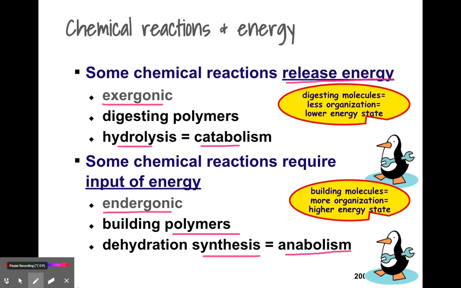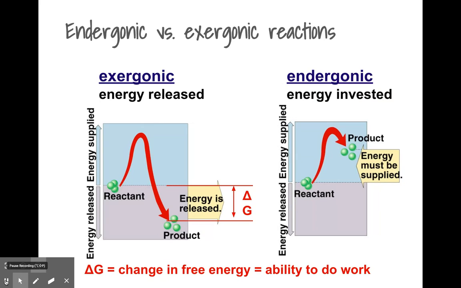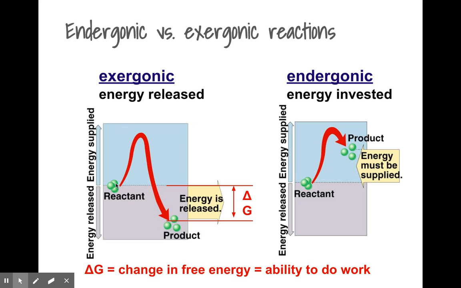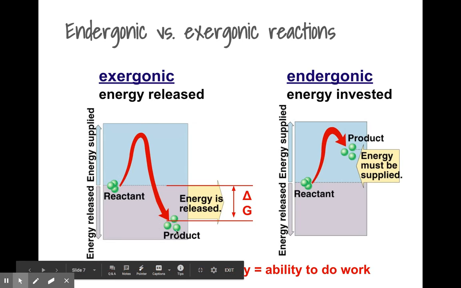All right, so in this slide here, we're looking at an endergonic versus an exergonic reaction. So to read these graphs, as we can see, let's say here's our molecule that's going to be broken down. So in an exergonic reaction, energy gets released. As we can see here, this is the amount of energy needed to break apart the bonds.